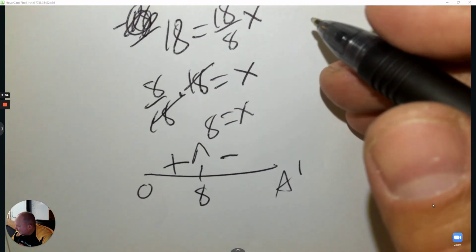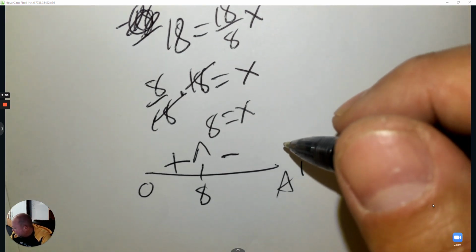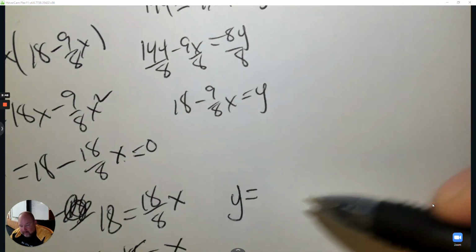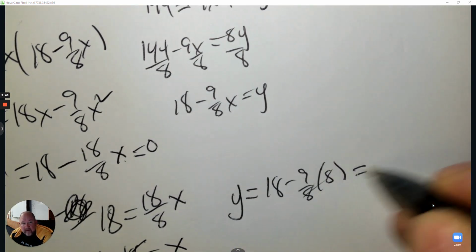Now the question again says find the dimension. So we found one dimension. So one dimension is 8 feet. To find y, we take the answer and plug it into here. And I get 9.